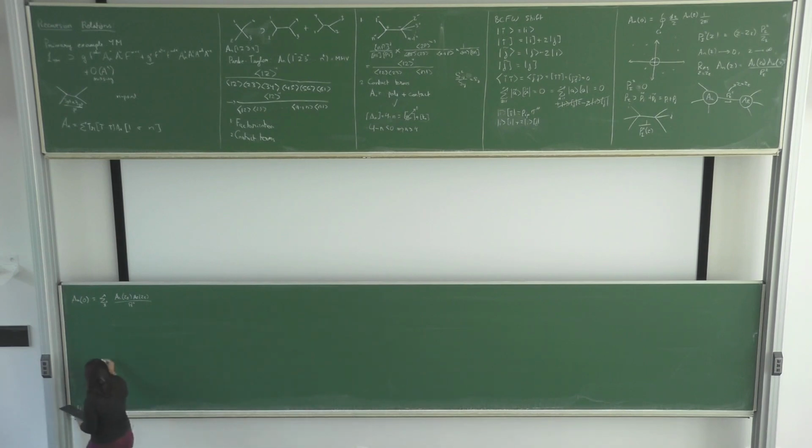So in our case, let's shift 1. So 1 will be 1 plus zn, and let's shift n minus z1. Okay?